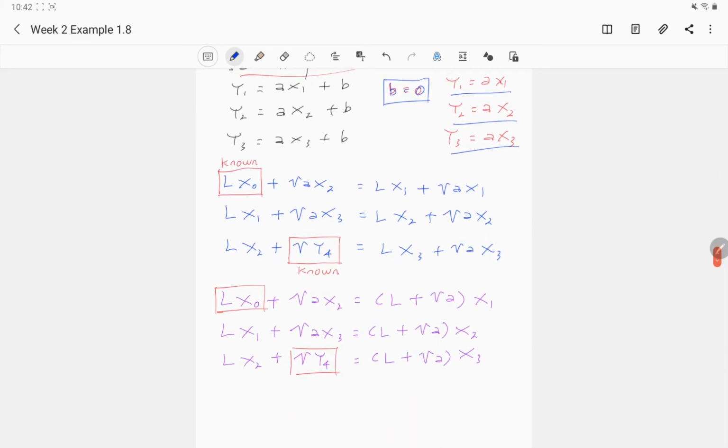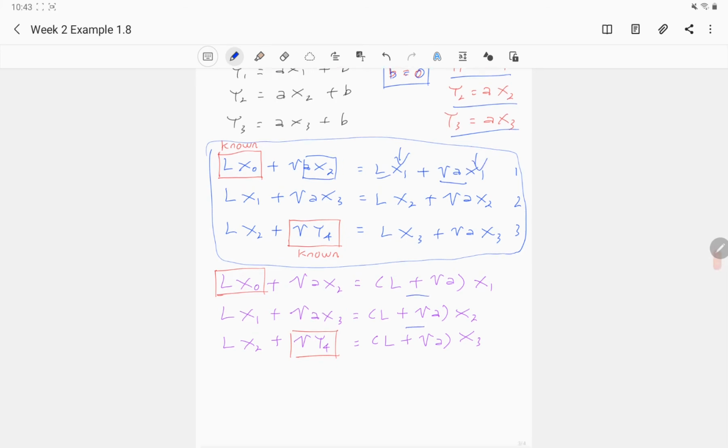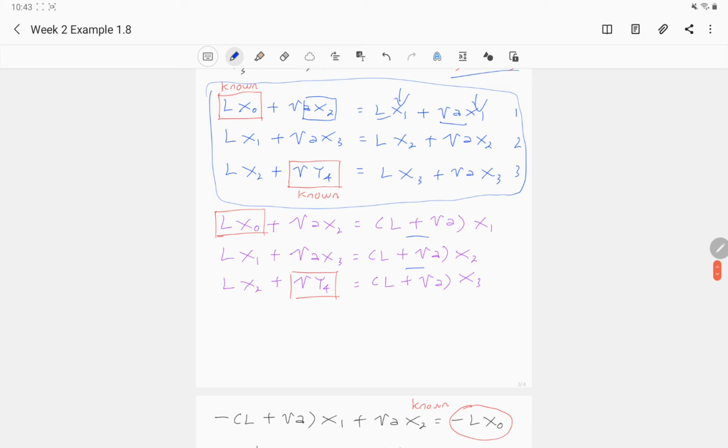So we can input that into the first 3 equations, 1, 2, and 3 that we get for each tray. Once we put that in, we can simplify after getting these 3 expressions. We can basically lump this because we know that this X1 can be simplified to L plus VA, times X1. And what I put in the red brackets in here is the one that is known.